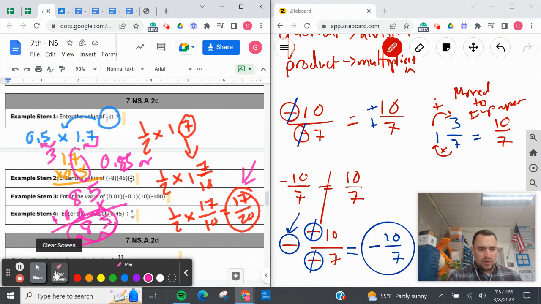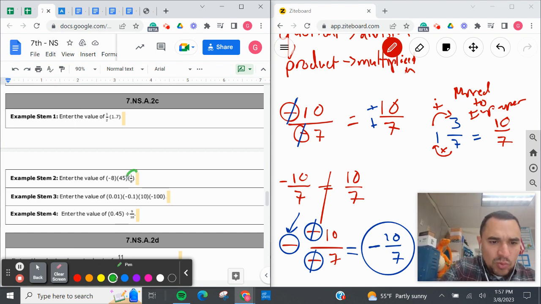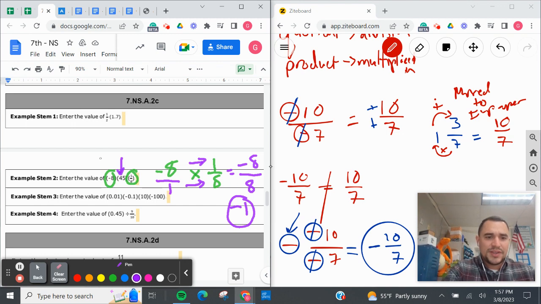Now we're going to take a look at, if you saw the answers earlier, why these are also correct answers. I have a 1/8 and I have a -8. So -8 times 1/8, this is just basically saying over 1. So I have -8 because you multiply across. -8 over 8, that's -1. -8 divided by 8 is -1. And then I have a -1 times 45 because all of this is multiplied.